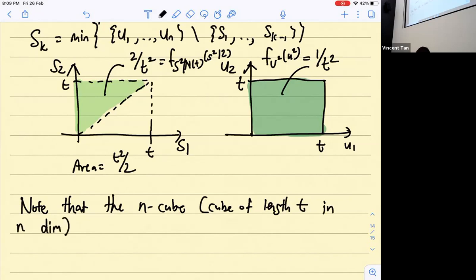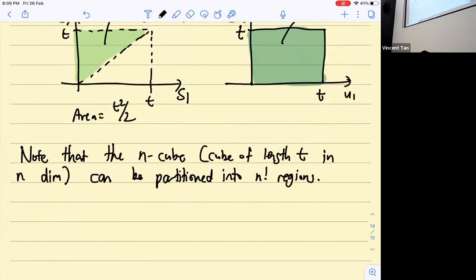So this n-cube is basically a generalization of this to n dimensions. You must think of an n-cube. Note that the n-cube can be partitioned into n factorial regions, so we can index each of these regions by a certain permutation.